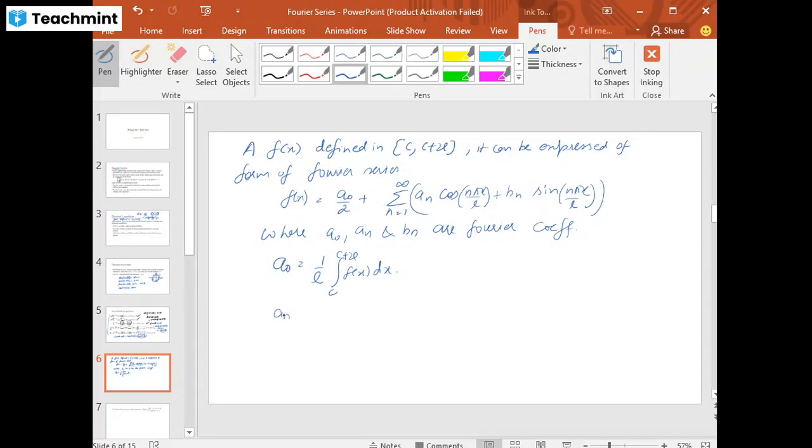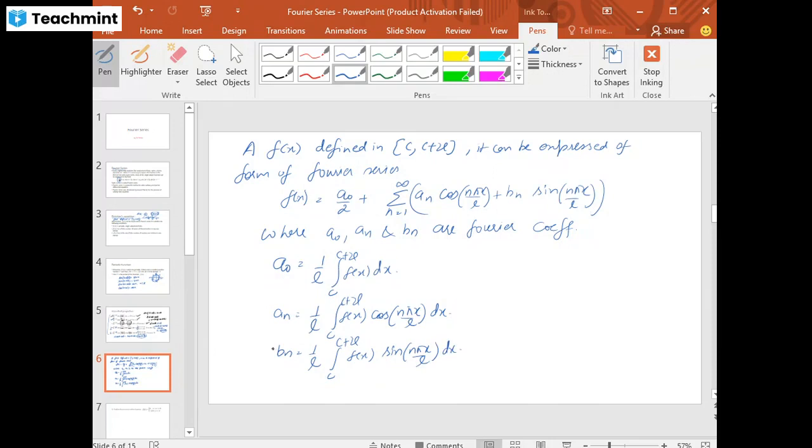An can be calculated with the help of the formula 1 upon L integral c to c plus 2l f of x into cos of n pi x upon L dx, and bn can be calculated with the help of the formula 1 upon L integral c to c plus 2l into f of x into sine of n pi x upon L dx.